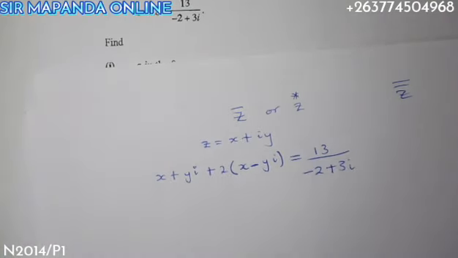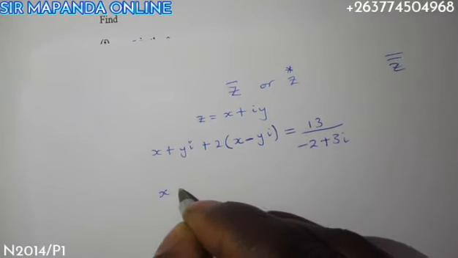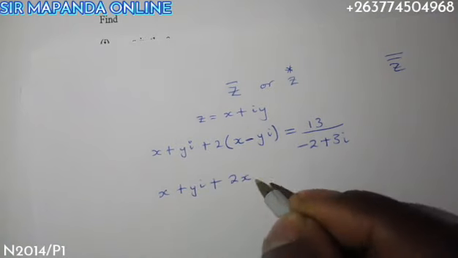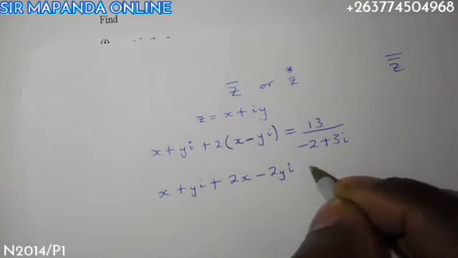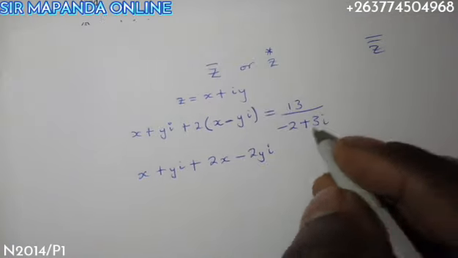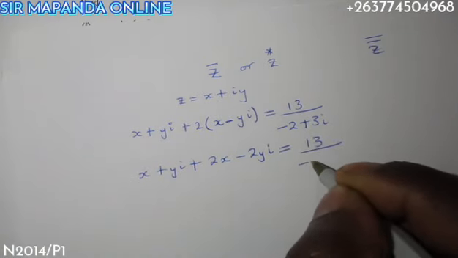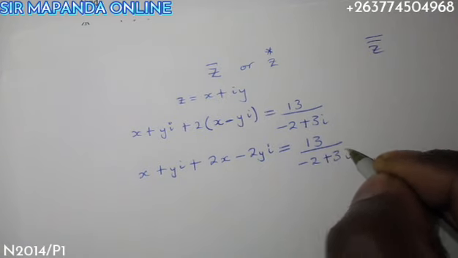I hope you are following. Let us remove the bracket on the left. You now have x plus yi plus 2x, minus 2yi, is equal to 13 over minus 2 plus 3i.